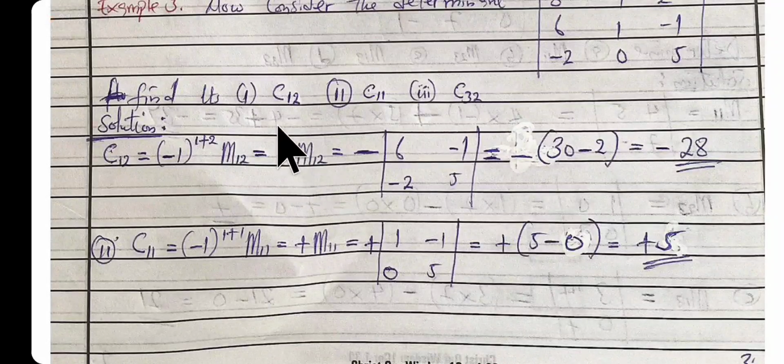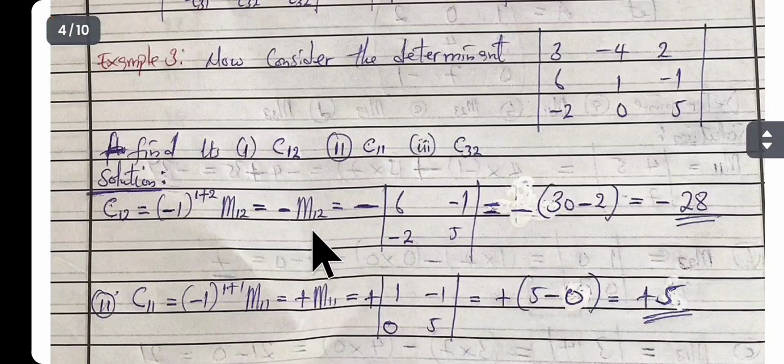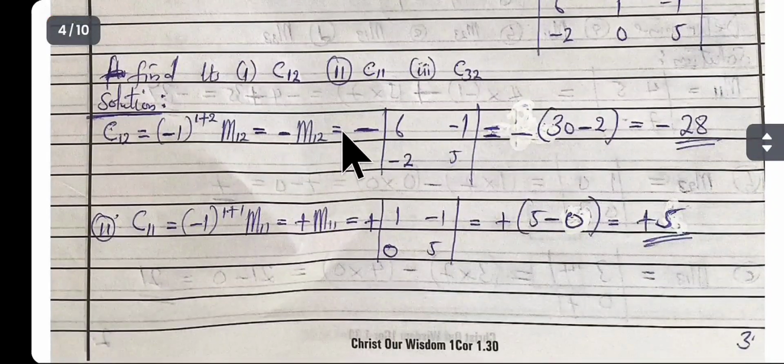And minus M12, if you extract it from this position, means delete row 1 and column 2. By the time you do that, you discover that what is left is 6, -1, -2, and 5. So we extract it. This minus is what is here.